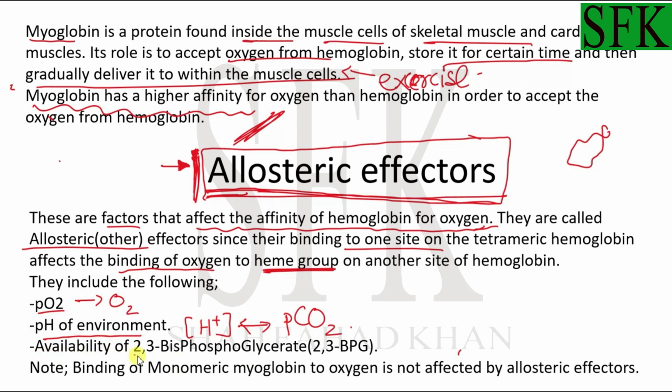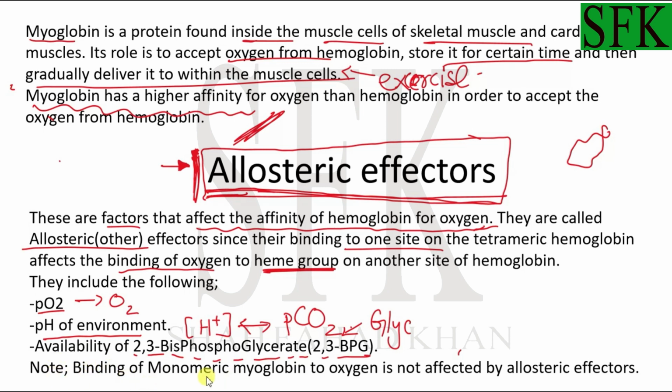And the availability of 2,3 bisphosphoglycerate, 2,3-BPG. This is actually an intermediate component of the glycolysis pathway, and this can also interact with the hemoglobin molecule and change its affinity for accepting oxygen.